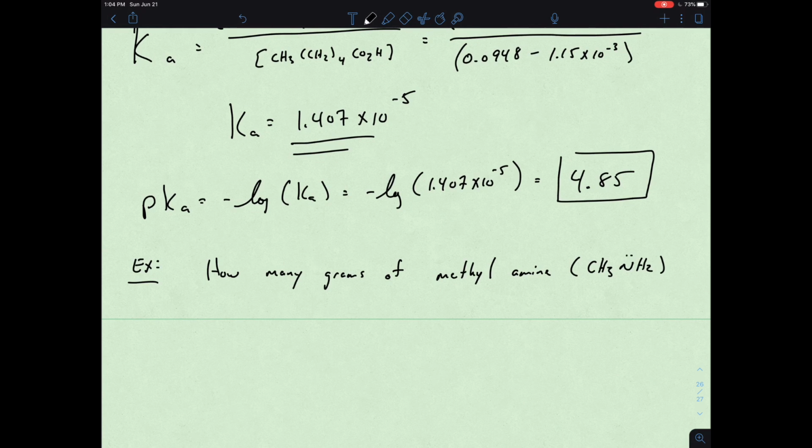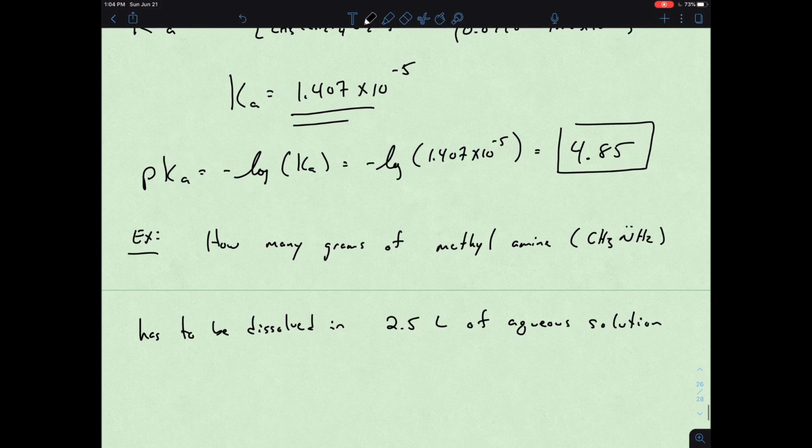So how many grams of methylamine has to be dissolved in 2.5 liters of aqueous solution in order to prepare a solution with a pH of 12.2?